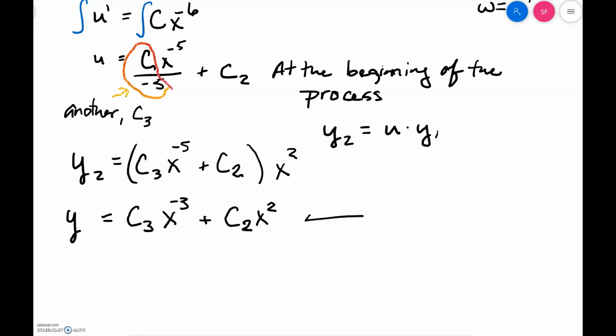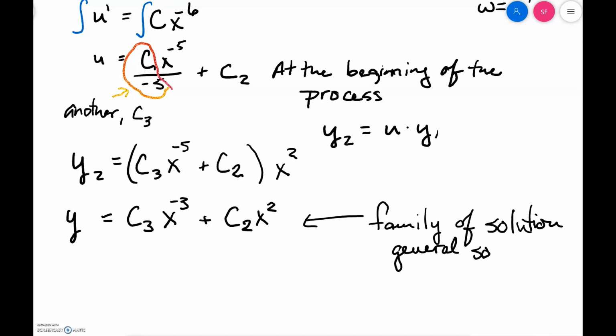So this is called my family of solutions, which I believe is also called the general solution. And this, if you notice, is the given solution.